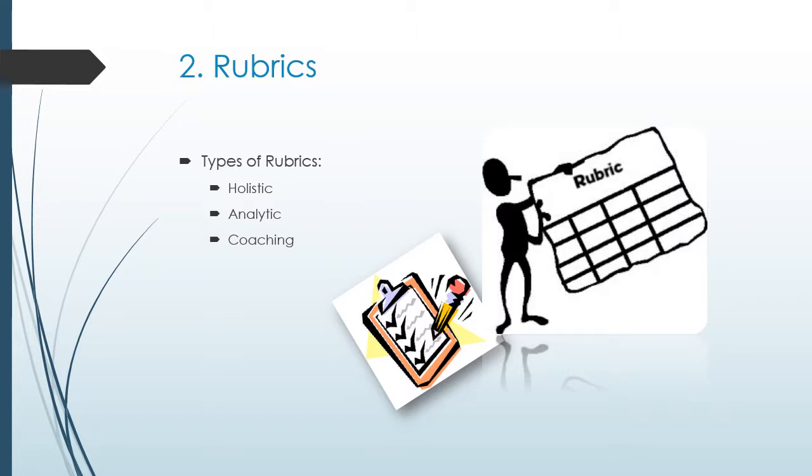Some of the rubrics we discussed in class were holistic, analytic, and coaching. A holistic rubric consists of a single scale with all the criteria included in one evaluation together.